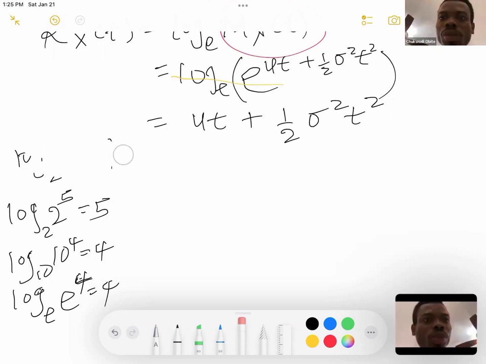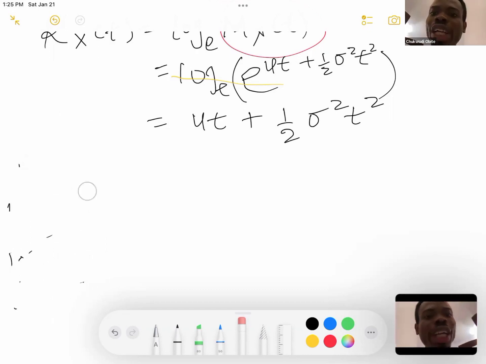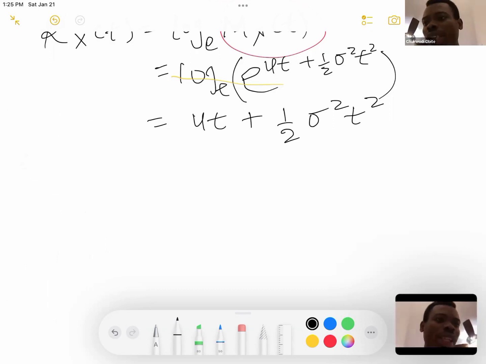So that is the cumulant generating function. For you to get the cumulant generating function, you want to start from the beginning. First, you have to get the MGF. When you get the MGF, you take the log e of the MGF. Now, I didn't solve the MGF of a normal distribution because I already have a video for that. So check my previous video, check my YouTube channel, search for the MGF of a normal distribution.